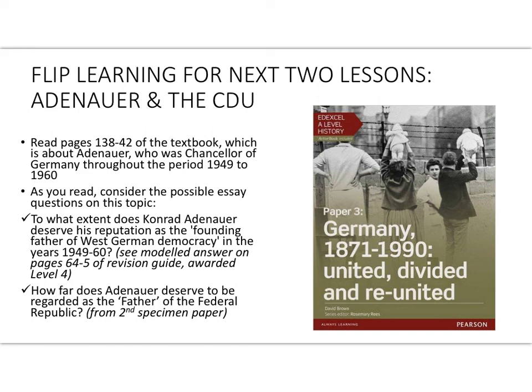Another strand is obviously talking about Adenauer himself, his personality and what he added to West Germany, and how he took the constitution and made use of it to strengthen West Germany. So read pages 138 to 142 of the textbook, and as you read, think about those two possible essay questions that are put there for you, and think about how you could use that information to answer those questions.